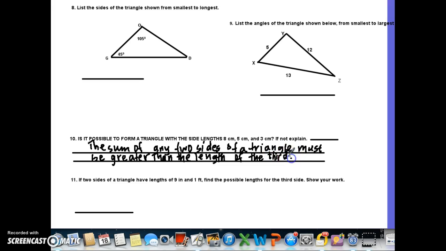If you're willing, rehearse this with me.